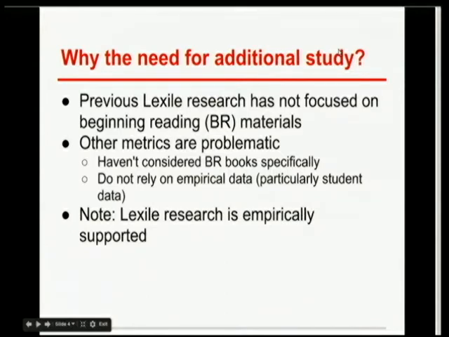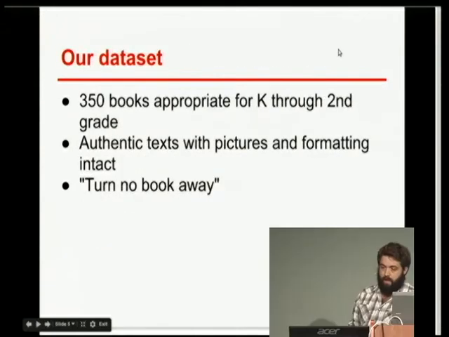One is they haven't considered these beginning reading books specifically, and the other is that they don't rely on empirical data, particularly student data. A lot of times it's just expert judgment and grade level equivalents, which are problematic for a variety of reasons. So the previous Lexile research is all empirically supported, but it has not historically gone down specifically into this beginning reading area.